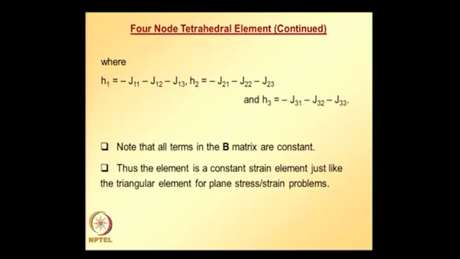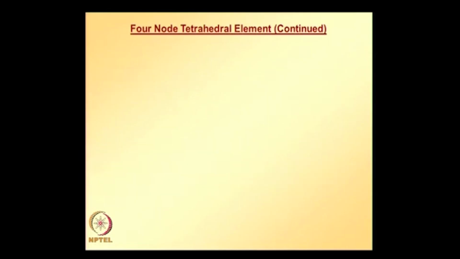So, we express strains in terms of nodal displacements. So, now we are ready to derive element stiffness matrix. For that we need to go back to the strain energy definition.